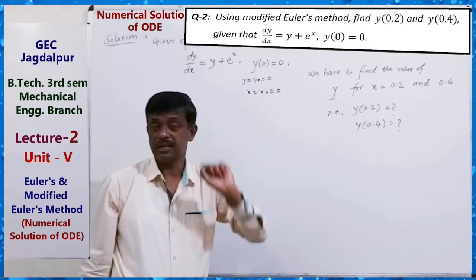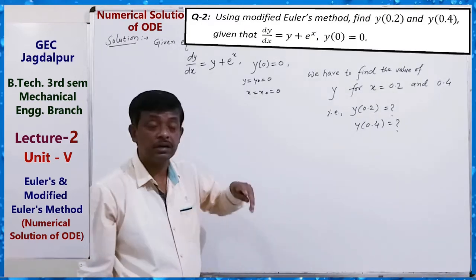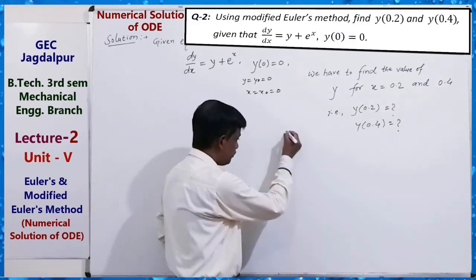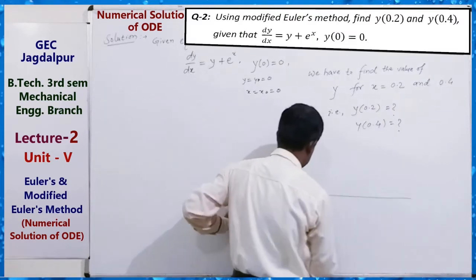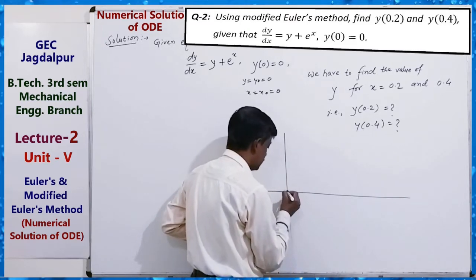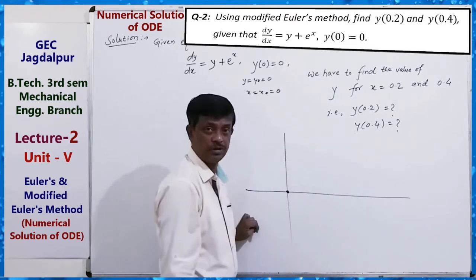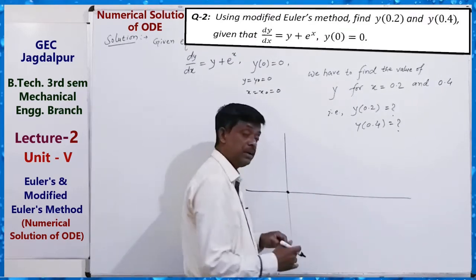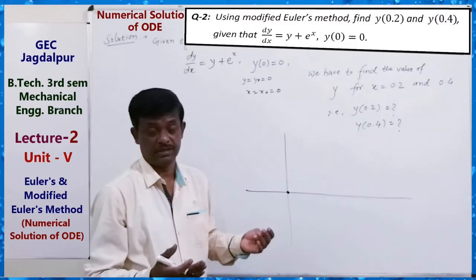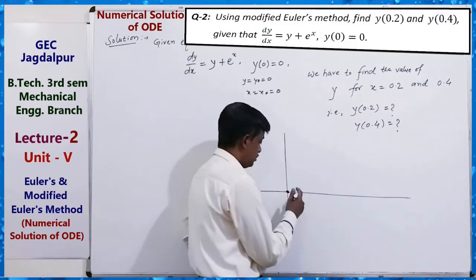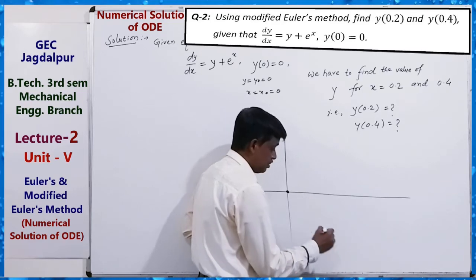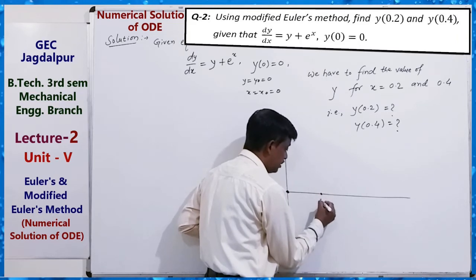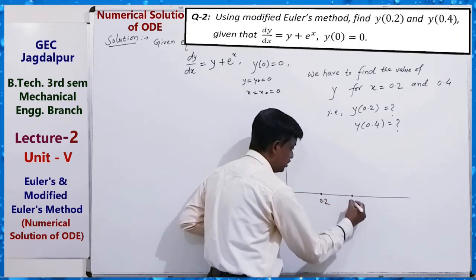This is the initial point which lies on the solution curve. Now the second value: we can divide intervals by taking the value of h, but here we have to find the value at 0.2 and 0.4.